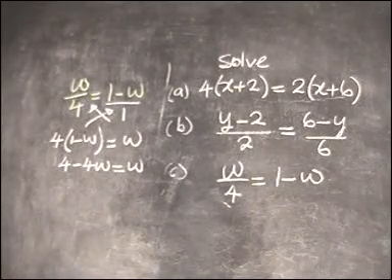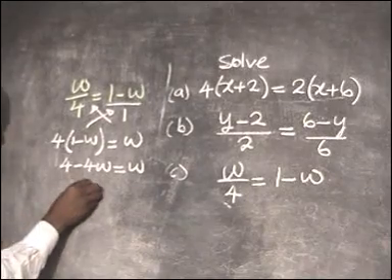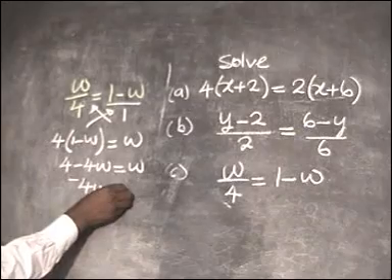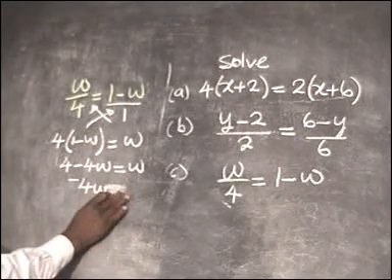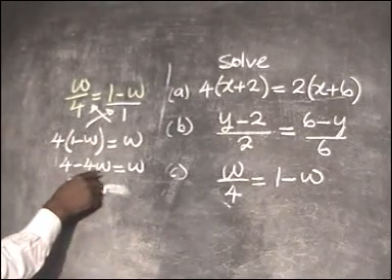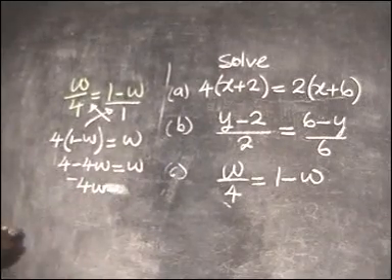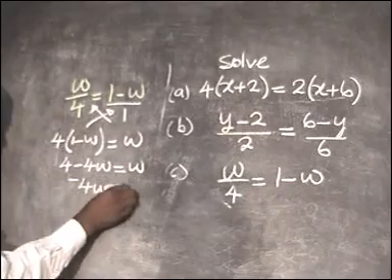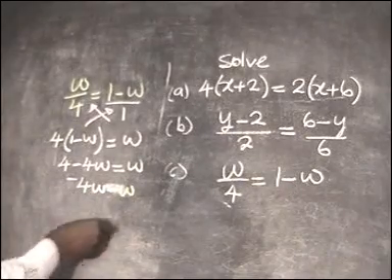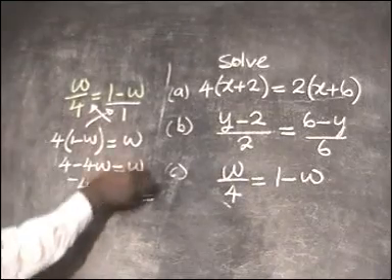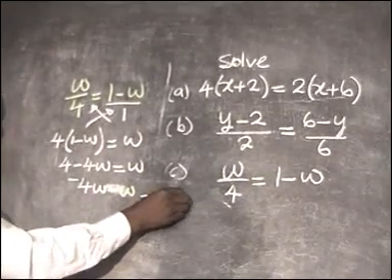Then from there, if I am to collect the like terms, this is a negative 4W. Mind you, it's negative. Equals... or before I write the equal sign, negative W: if this W crosses the equal sign, it becomes minus W. Then after that, this is equal to, this 4 crosses the equal sign, it is going to become a negative 4.